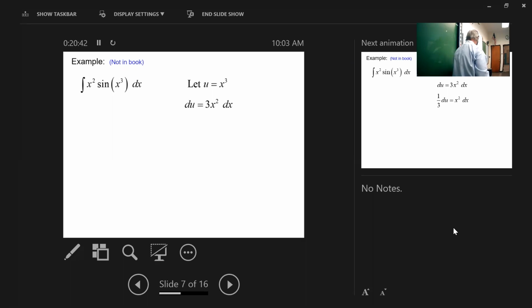The only way to proceed in this problem was because you had x squared dx. If this question was x times sine x cubed dx, dead end. Where would you go? You would go to the table of integrals in the back.